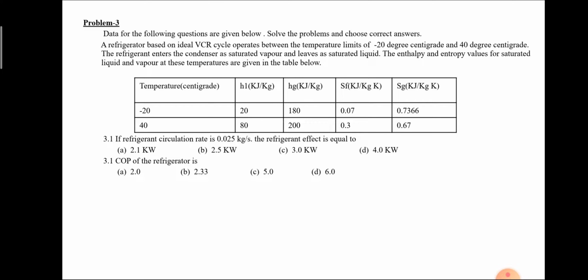Also, it leaves as saturated liquid. So from point 2 to 3, it reaches point 3. That means point 3 lies on the saturated liquid line. This is your TS diagram for this question. Now these are the data given: H2, S2, H3 and H4.